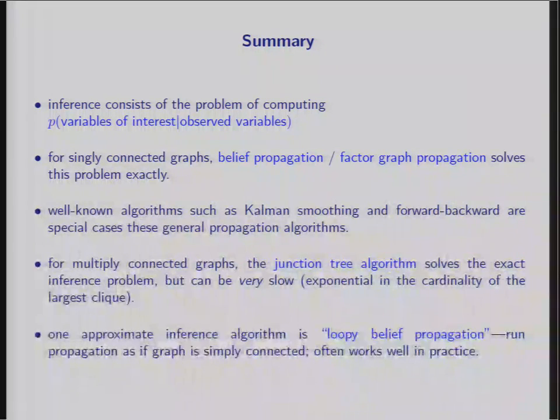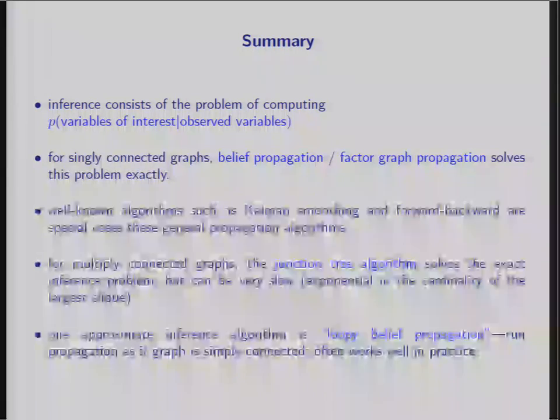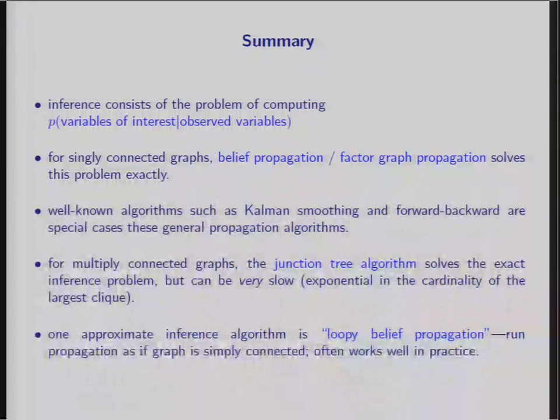Now, what do we do for multiply connected graphs? Well, if we want to do exact inference in multiply connected graphs, there is a very nice algorithm called the junction tree algorithm. It's been known since 1988 or so.